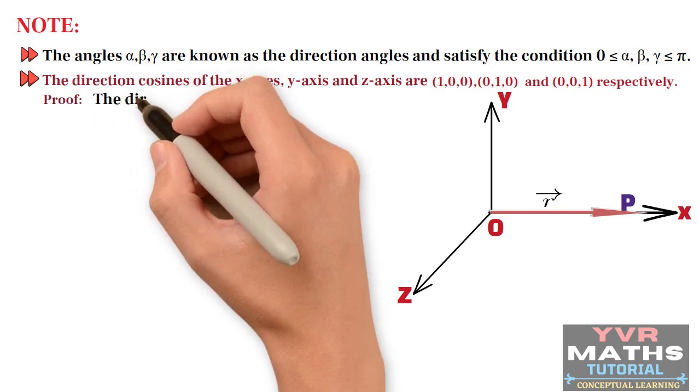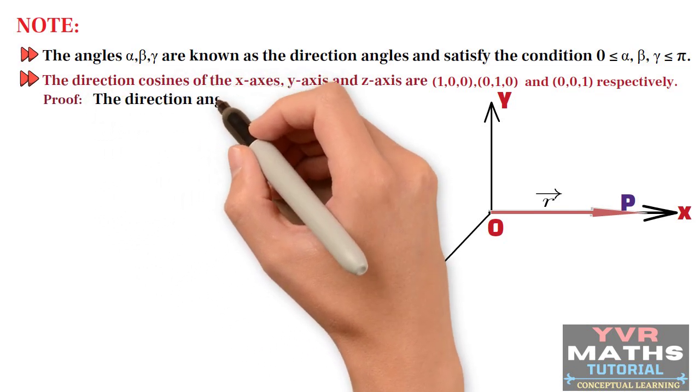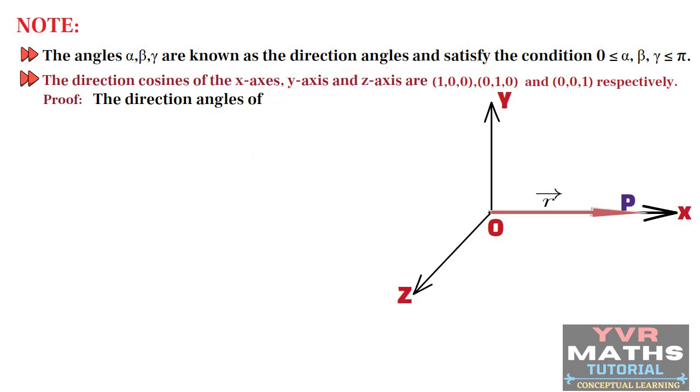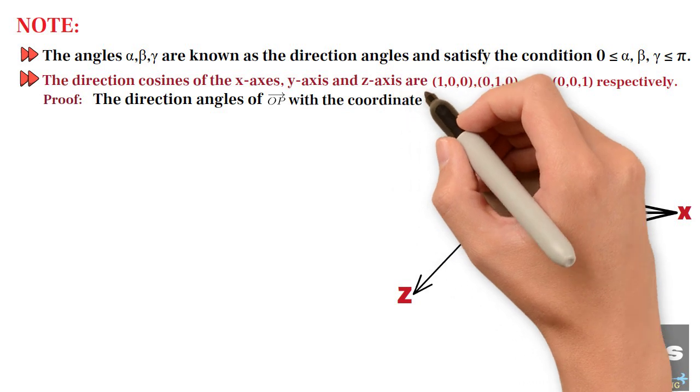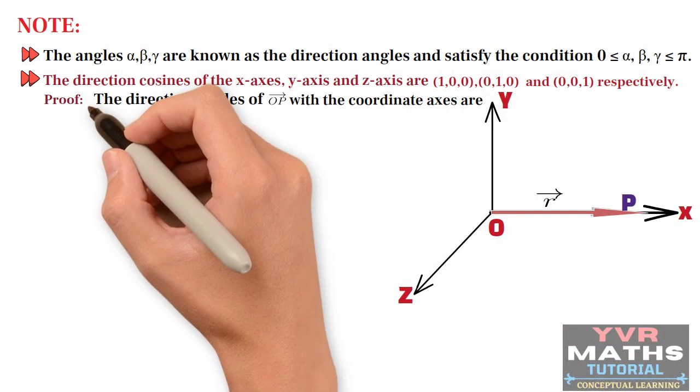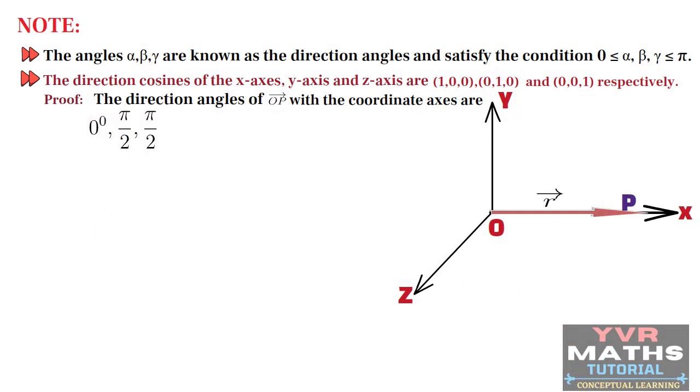By observing the given diagram, the direction angles of OP with the coordinate axes are 0, pi by 2, pi by 2 respectively. How are we getting these angles? If we observe the diagram, the directed line OP is parallel to the x-axis and it is perpendicular to the y and z axes.